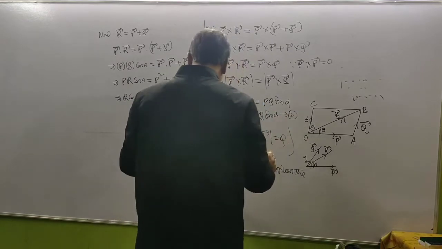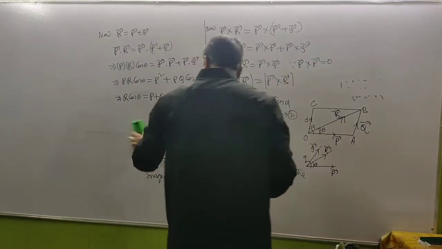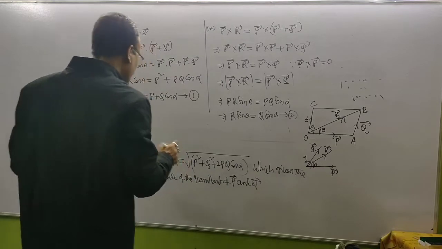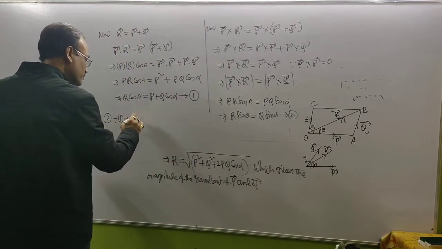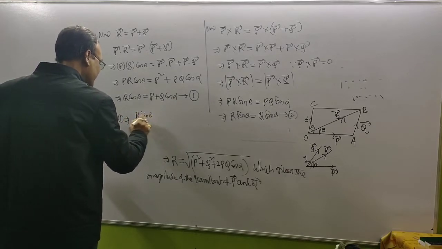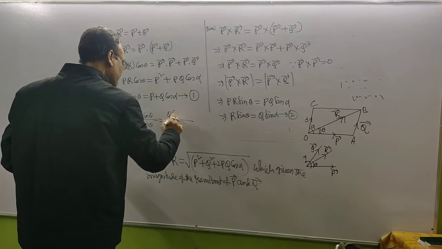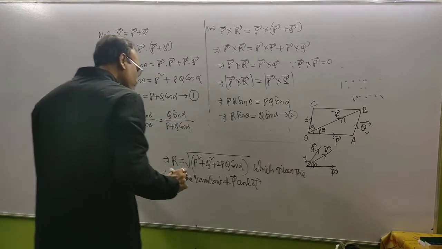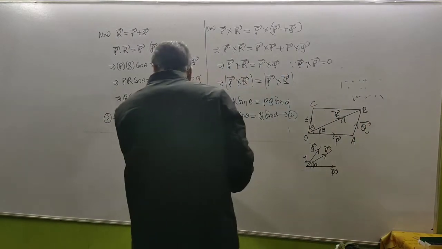Suppose this is number 2. Dividing 2 by 1, we will get R sine theta by R cos theta equal to Q sine alpha divided by P plus Q cos alpha.